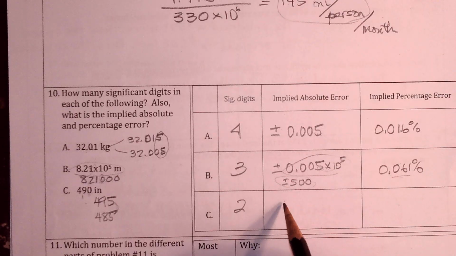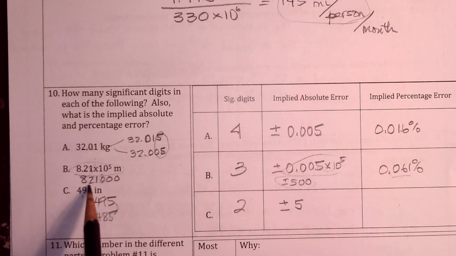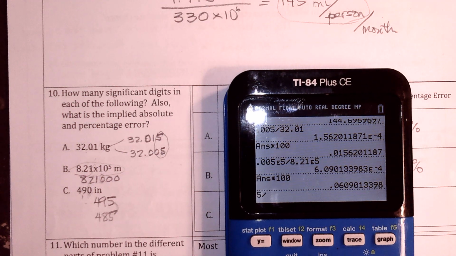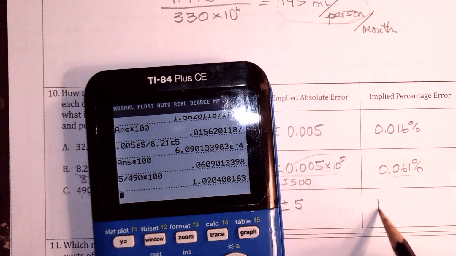So we could say this is plus or minus 5, because this 0 isn't a significant digit, so it could have been 5 higher or lower. So if I take 5 divided by 490 and times 100 to get the percent, I get 1.02% error.